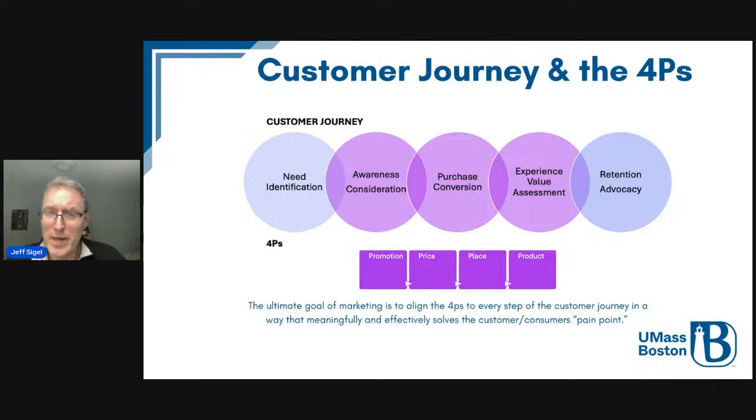But if it's way too cheap, I may also decide not to consider it. Oh, this is too cheap. It's probably not good quality. But of course, price plays into the purchase conversion step as well. How much something costs is going to determine how you buy, what you buy. I'm going to buy the economy, small car, or I'm going to get the luxury model.